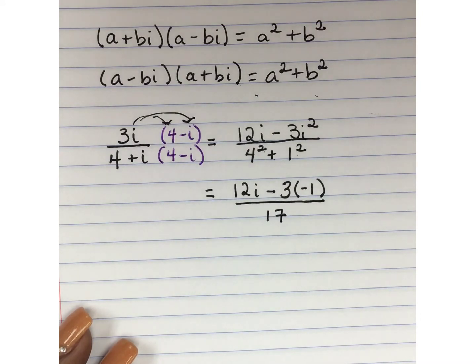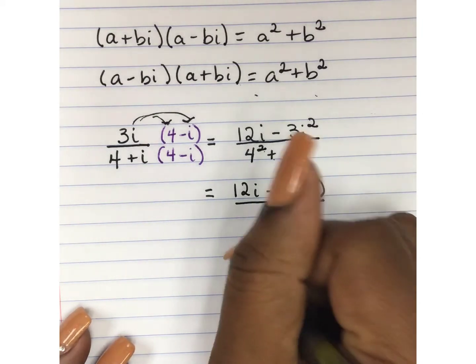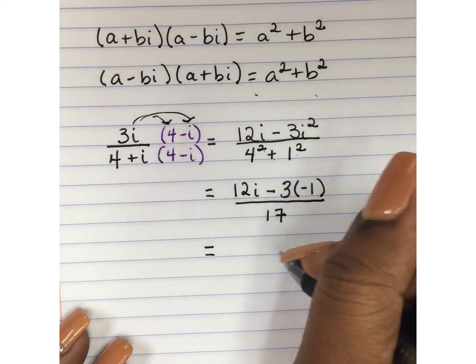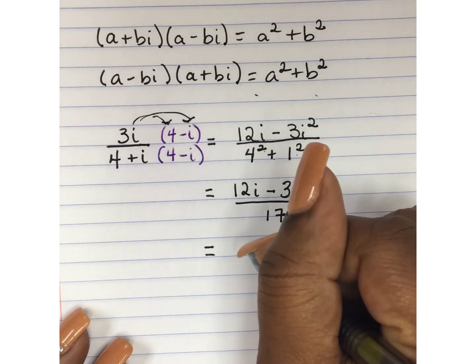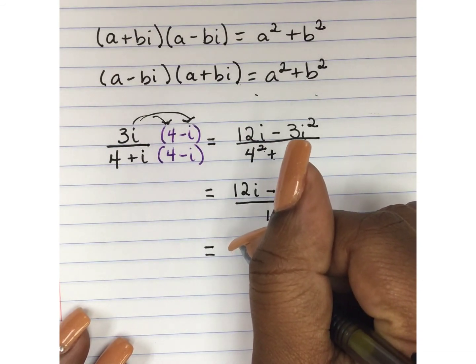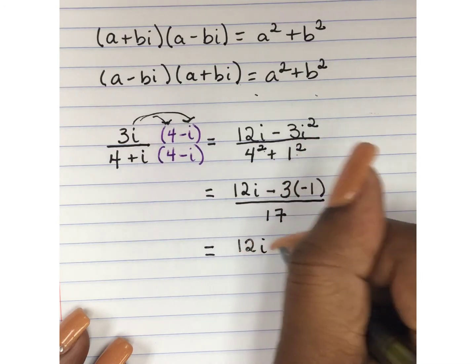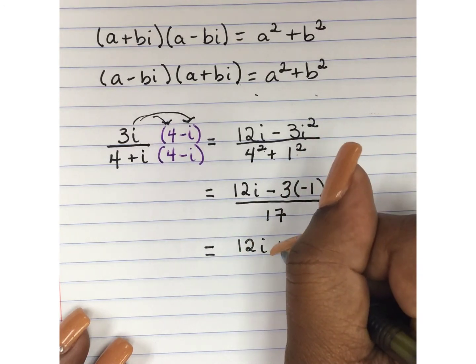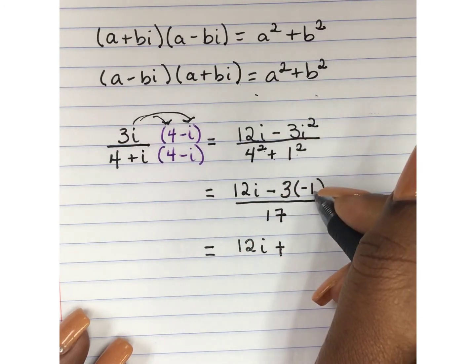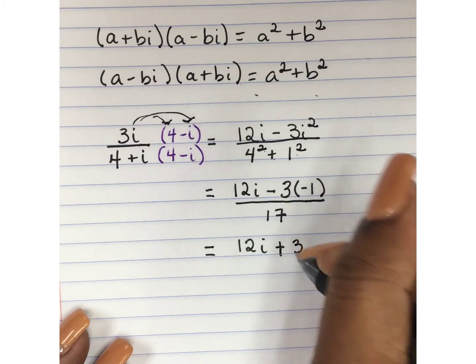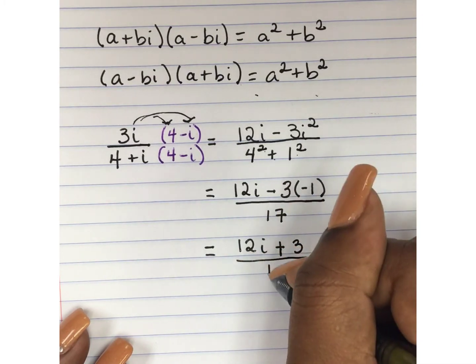Okay? And so we have 12i minus, well, not minus anymore, because -3 times -1 is a positive 3 over 17.